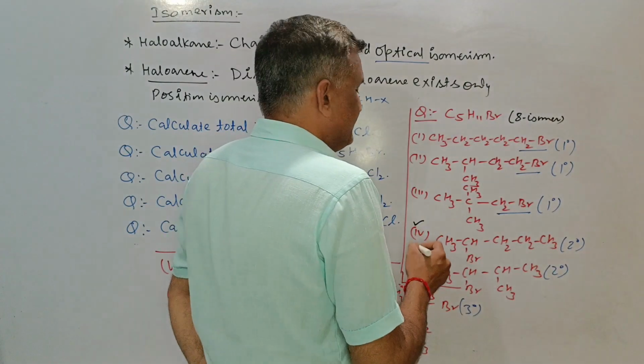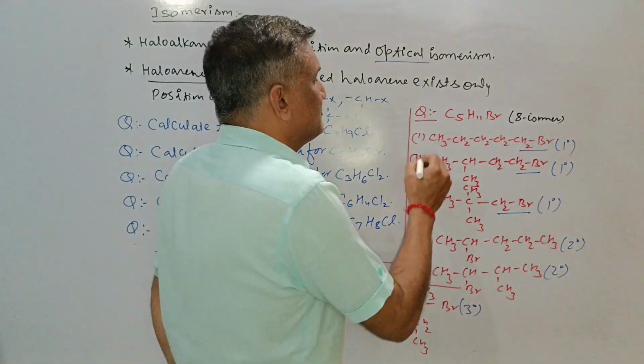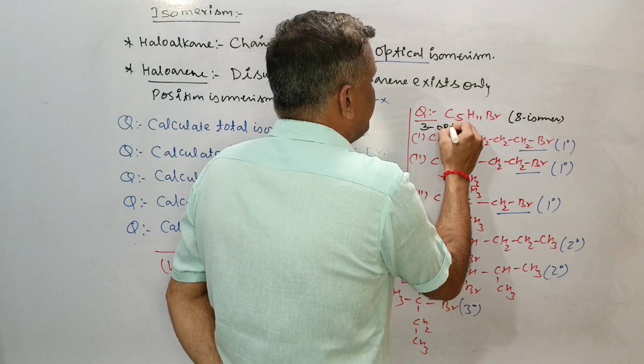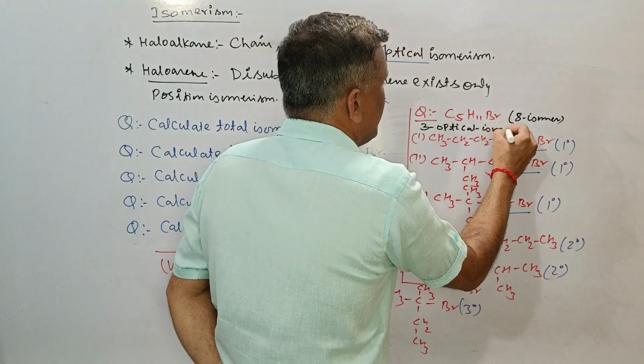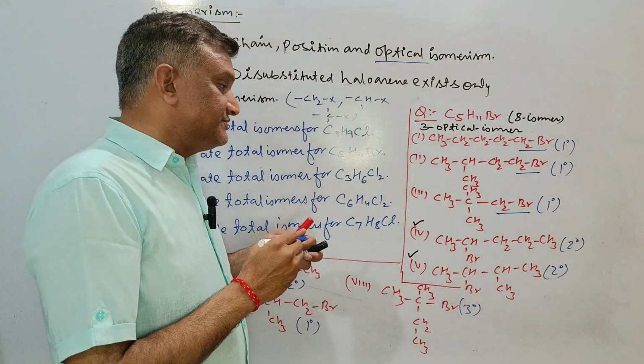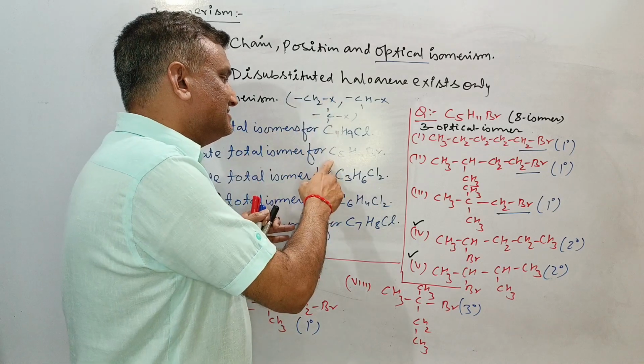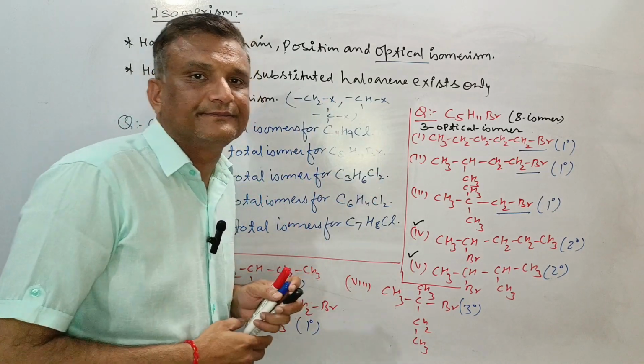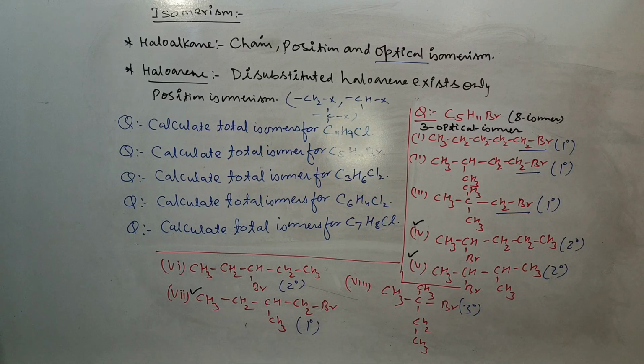So here we can say 3 will be optical isomers. So this was about the second question, C5H11Br. Read the method properly because these questions are too important.